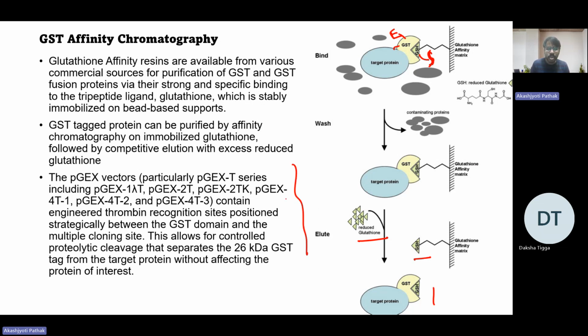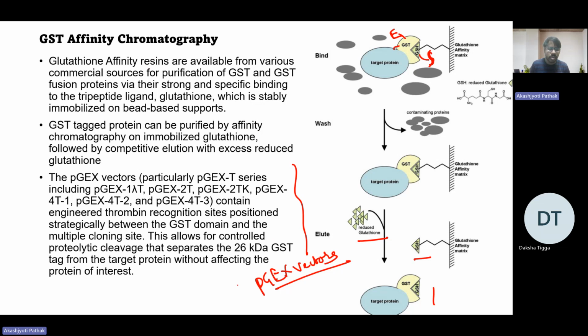So basically, if you want to recombinantly express and purify a GST tagged protein, you need to clone your protein in pGEX vectors, which are commercially available. Your pGEX vectors have this GST tag in their sequence.